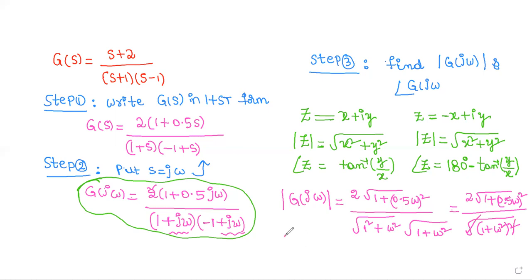So what is modulus G(j omega)? It is simply 2 root over 1 plus (0.5 omega) whole square by 1 plus omega square.